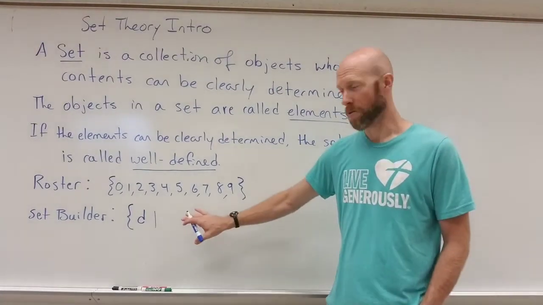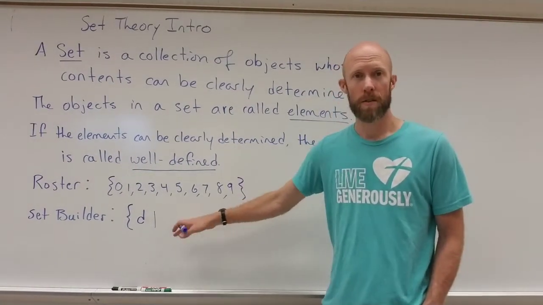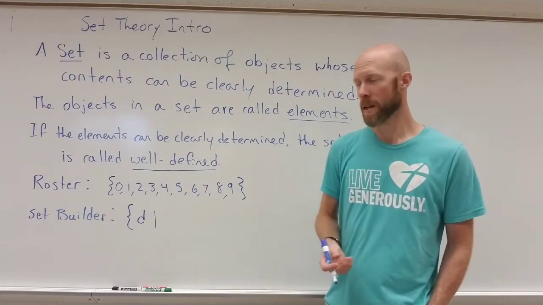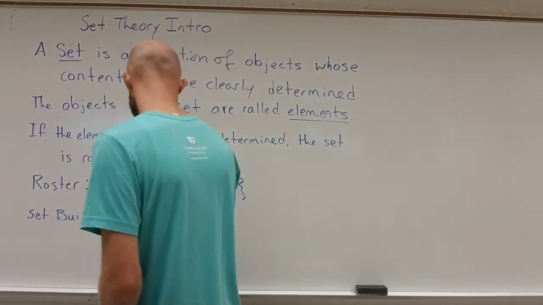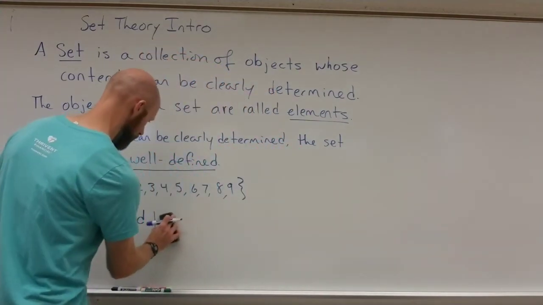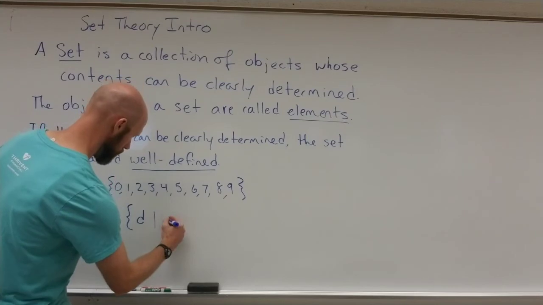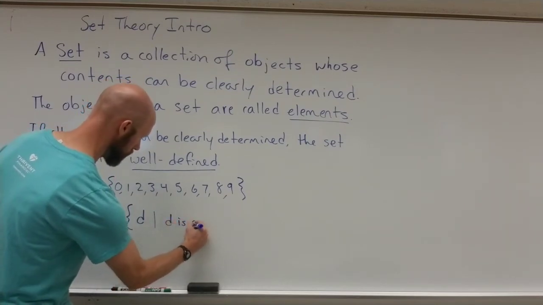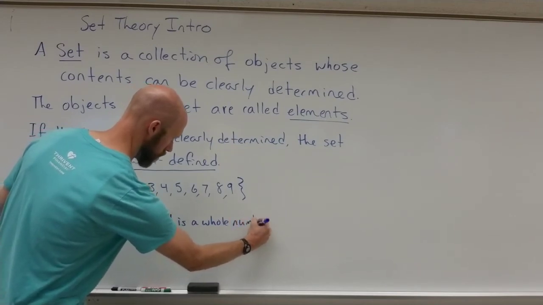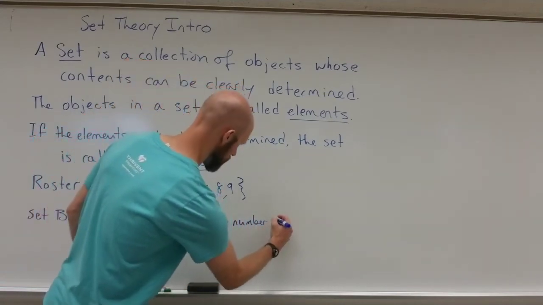So I might write out some description here that's well defined. You can easily identify every number in that set. So they are whole numbers. D is a whole number less than 10.